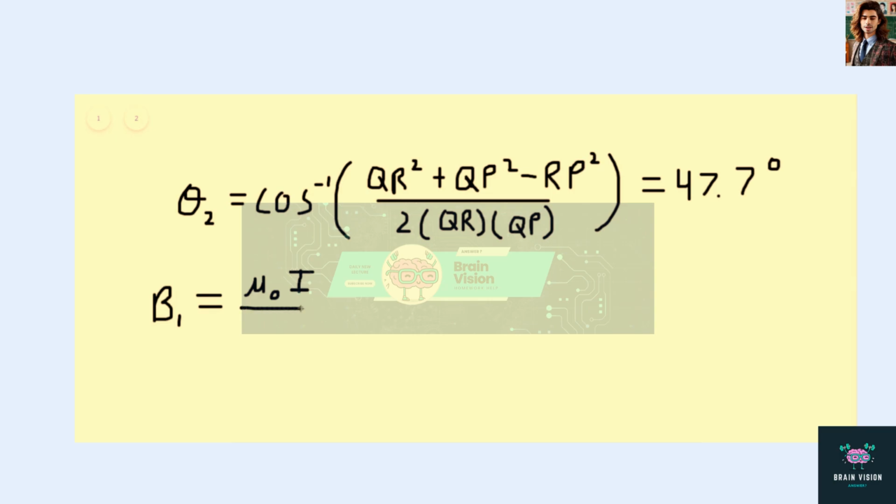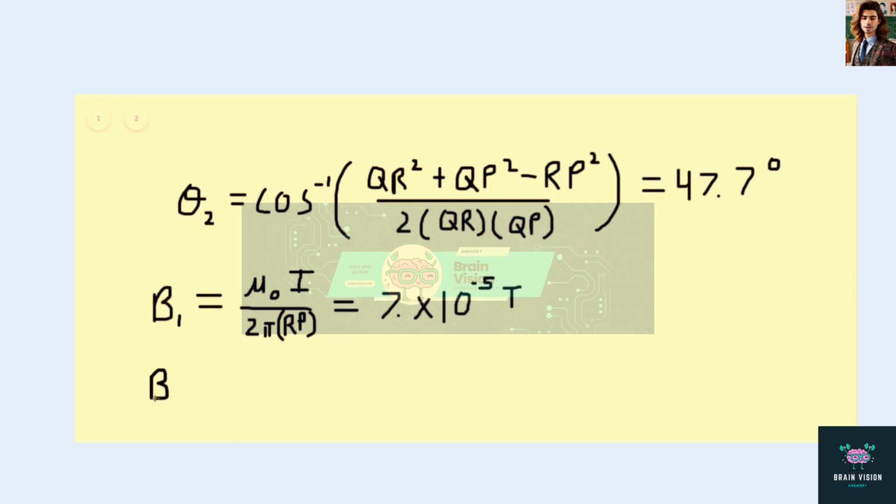So it's mu naught times the current I divided by 2 pi times the distance here, which would be RP. We plug these values into this expression, and we find the magnetic field's magnitude for 1 is 7 times 10 to the minus 5 Tesla.